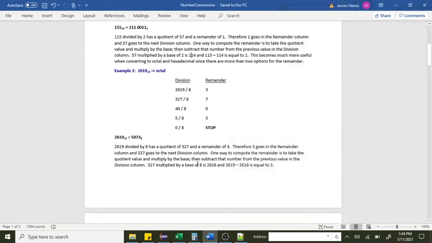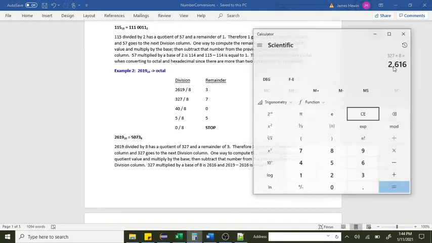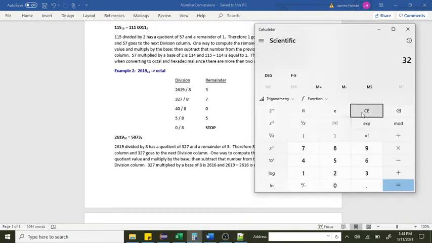Then we take the 327 and divide by 8. So let's do 327 divided by 8. 40.875, so it gives me a 40. That's my new quotient. How do I know 0.875 is a remainder of 7? Well, 40 times 8 is 320, and 320 is 7 away from 327.